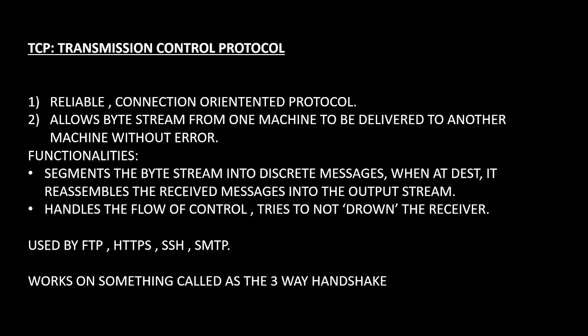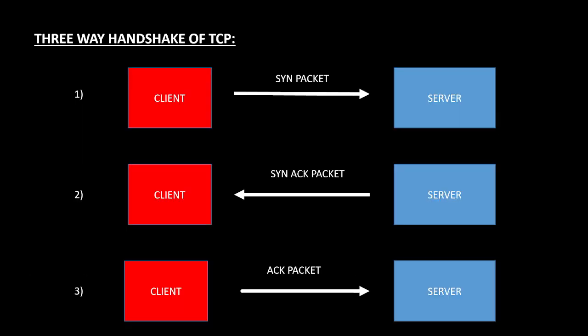These are protocols in which you would not like to have any loss of data. When you use FTP or HTTPS or SSH, you would not like to lose any data, so this is when TCP is preferred. TCP works on a mechanism called the three-way handshake. This is what the three-way handshake looks like.